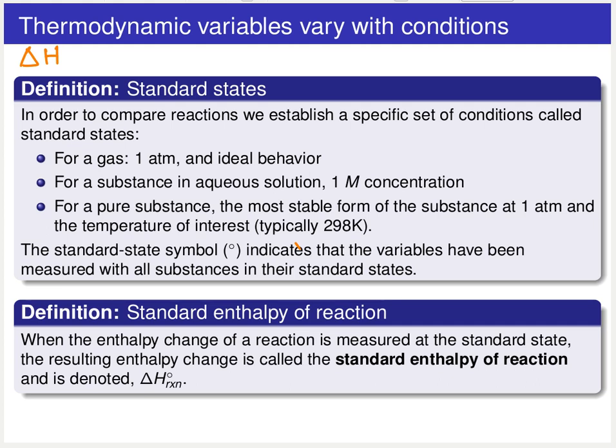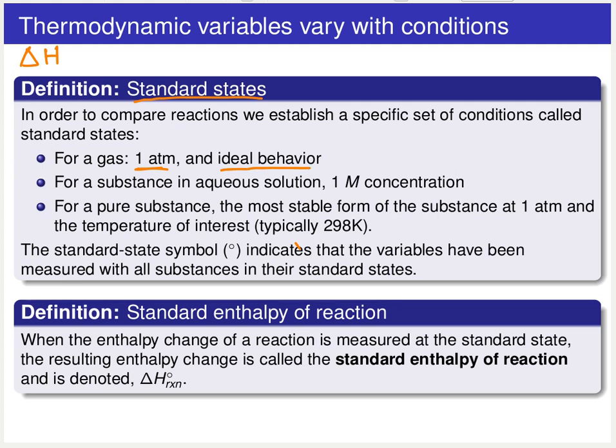And so this standard state is going to help us in the analogy to come up with this sort of sea level that we can relate all these other changes to. So the first definition here is the so-called standard state definition, and the standard state for a gas is simply 1 atmosphere of pressure, and we assume ideal behavior.